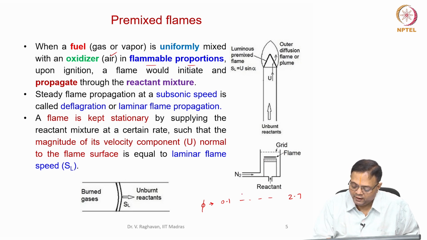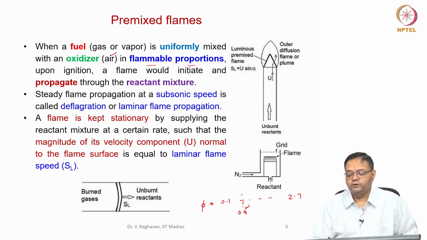So, we need a particular value of equivalence ratio, say 0.4, which can allow for the flame propagation. Similarly, when you increase the equivalence ratio slowly, there may be an equivalence ratio of, say, 2.5, I am giving just some numbers, where the ignition can take place. So, at an equivalence ratio less than 0.4, the mixture ignition will not take place.